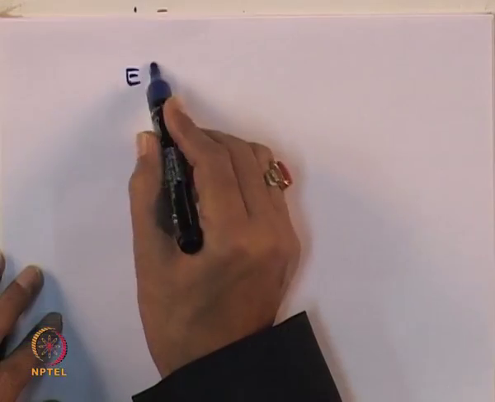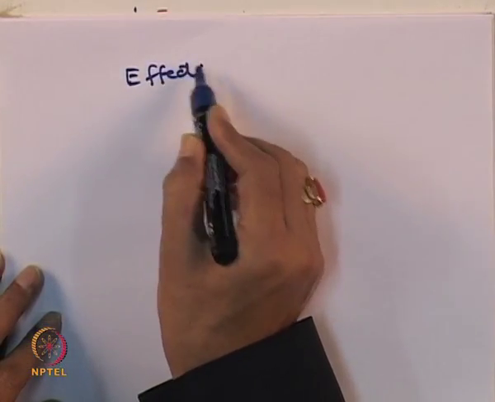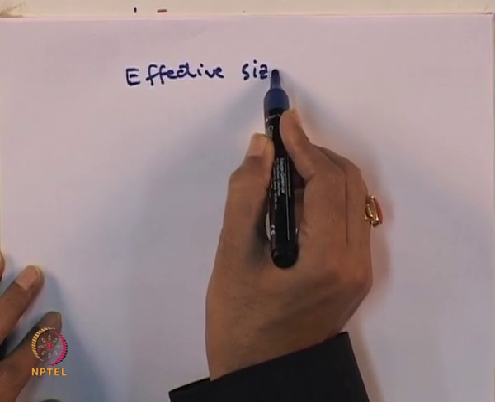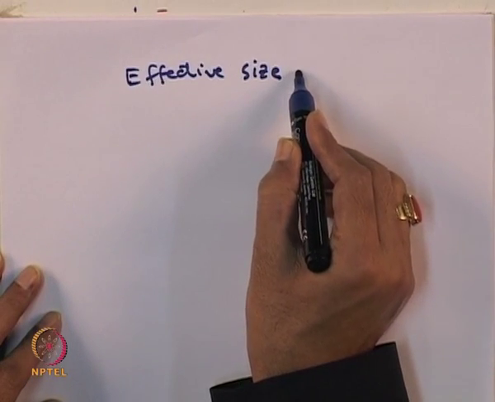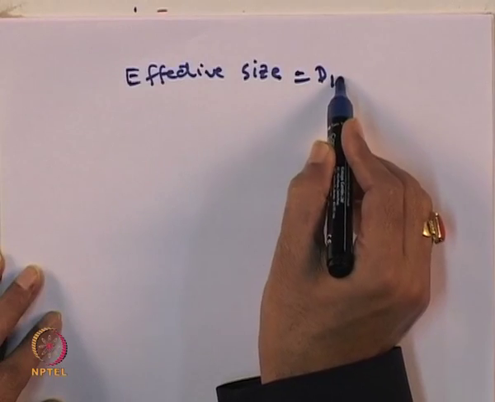From this gradation curve you can determine some different parameters. One of the parameters is the effective size, which is equal to D10.